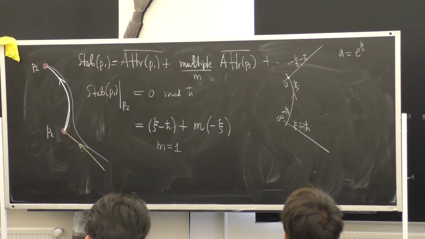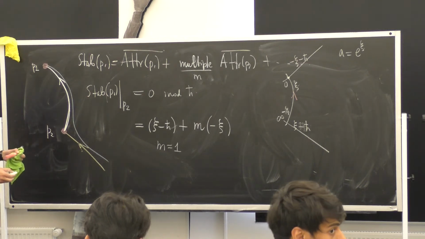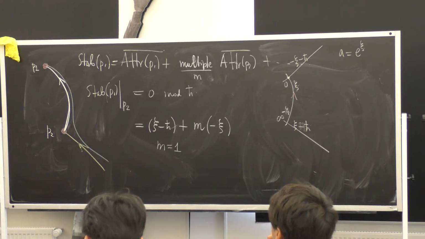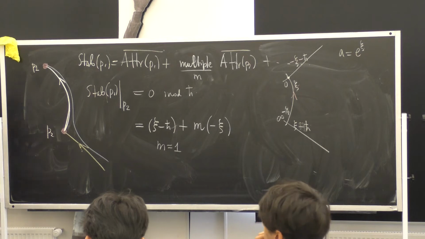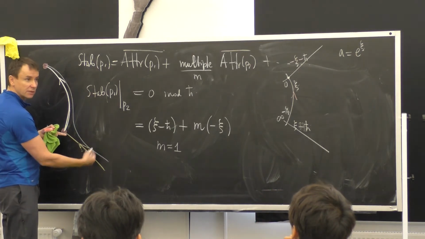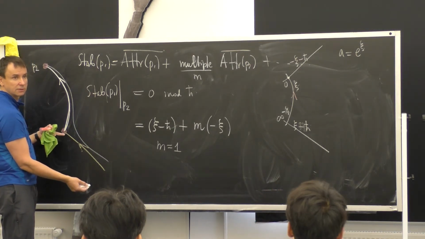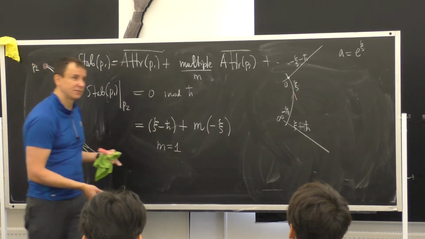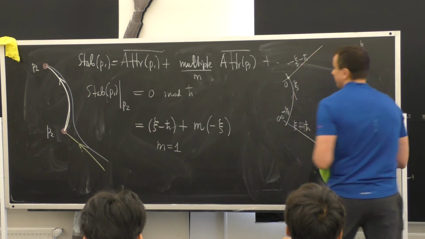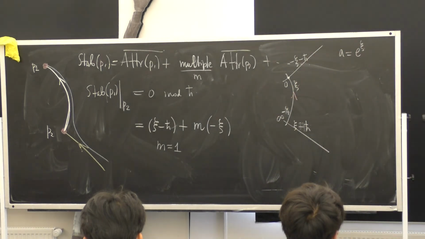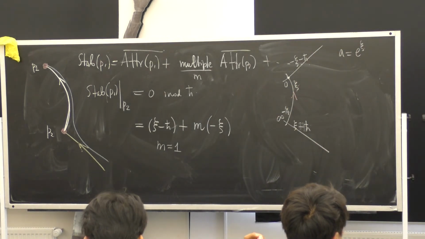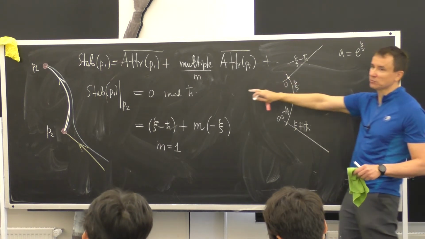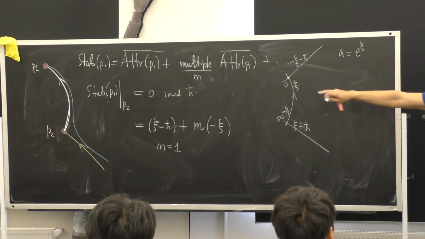Yeah, question? Not the intersection, it's just that the perturbation is going to go to this cycle some number of times. But this type of argument is not going to work in K theory.